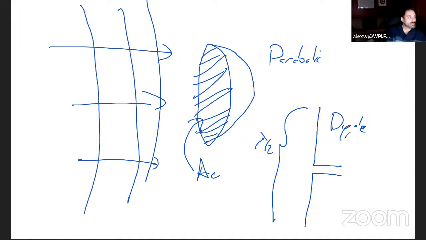In addition to that, oh yes, my favorite, there are also horn antennas. A horn antenna is a cool thing, especially at higher frequencies. It looks like a horn.